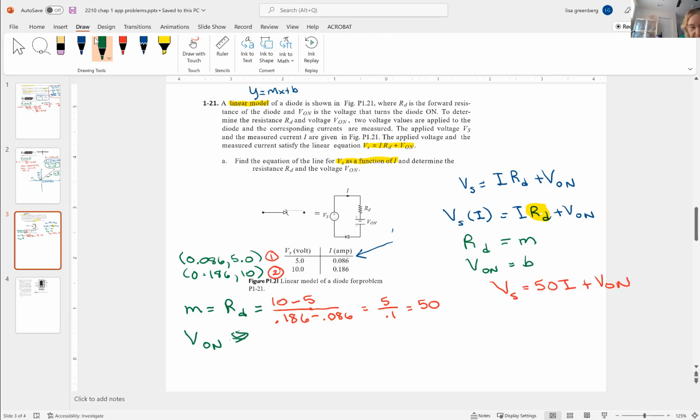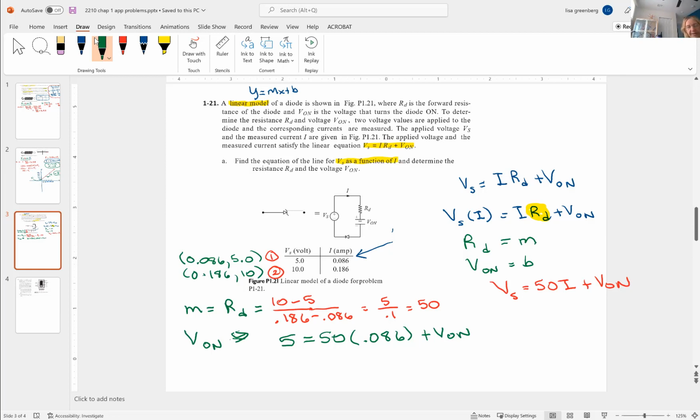So for example, I have V sub S, which I'll use 5. I always like to use the smaller numbers. Sometimes I don't need a calculator, but I'm pretty sure I'm going to need a calculator for this one. 50 times I. Well, I for when V sub S is 5.0, I is 0.086, plus V on.